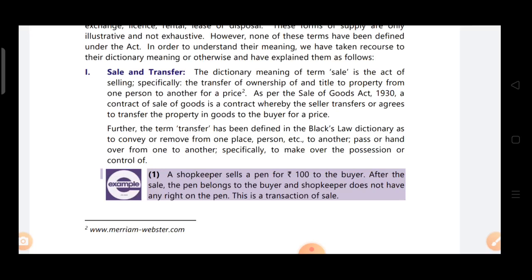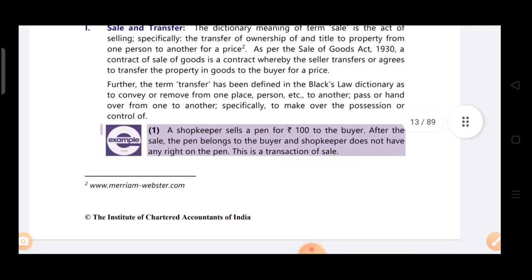So in simple terms, sale means selling of goods for a price, and transfer means to convey or remove from one place to another. Now the example they have given: a shopkeeper sells a pen for rupees 100 to the buyer. After the sale, the pen belongs to the buyer and the shopkeeper does not have any right on the pen. Simple thing, this is a transaction of sale.